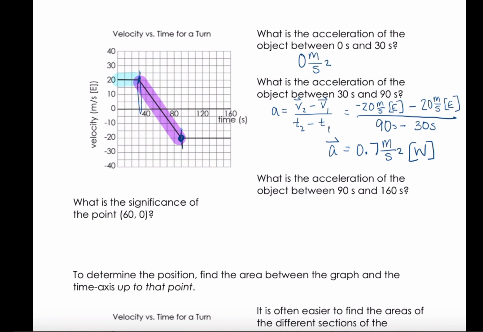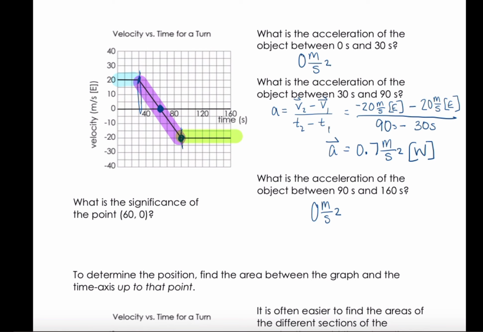Okay, what is the acceleration between 90 and 160? Once again, we have a slope of 0, so our acceleration is going to be 0 meters per second squared because our velocity is constant. Okay, so the question over here, what is the significance of 60, which is right here?